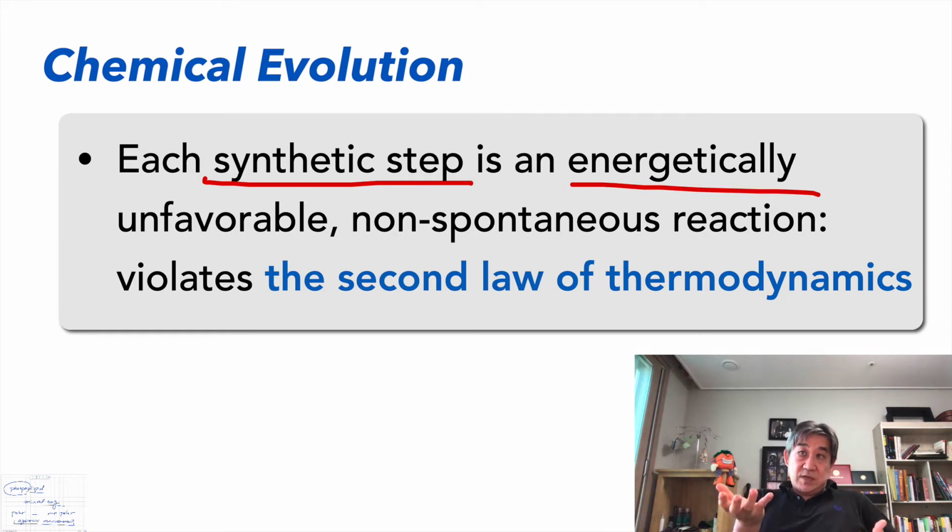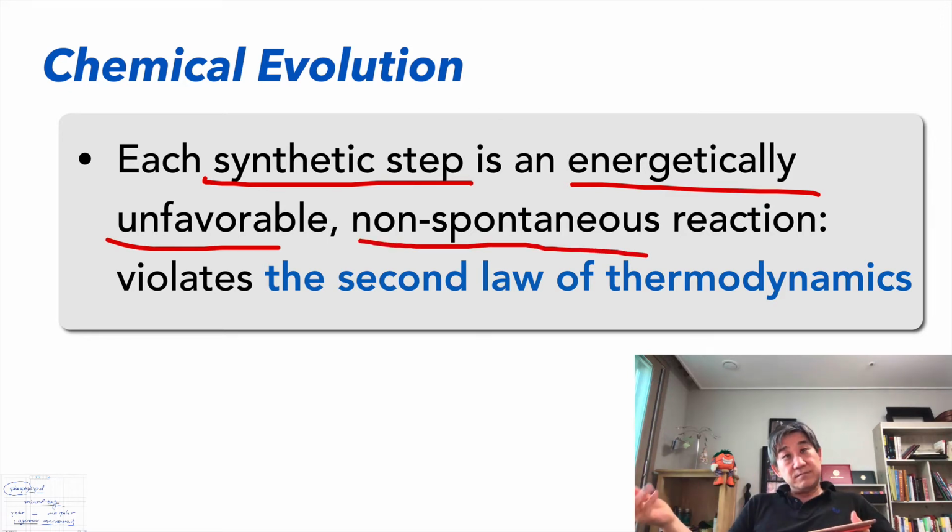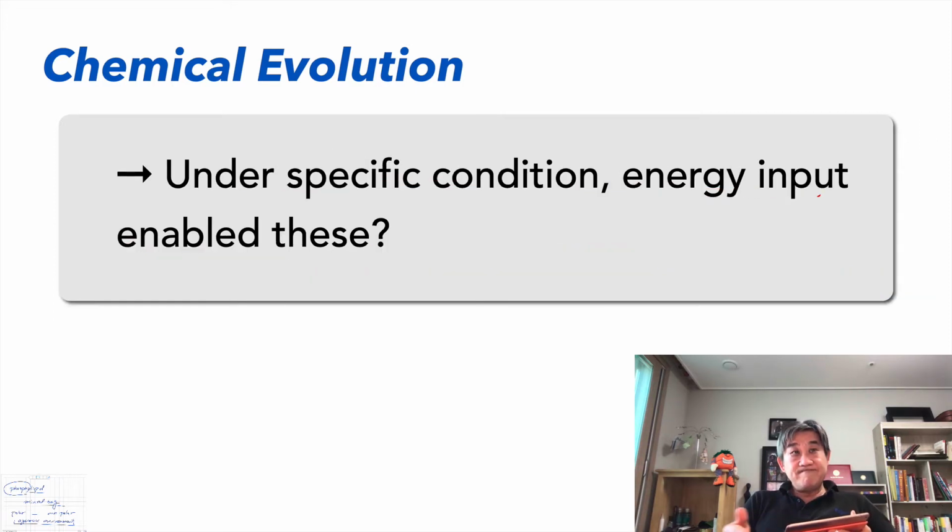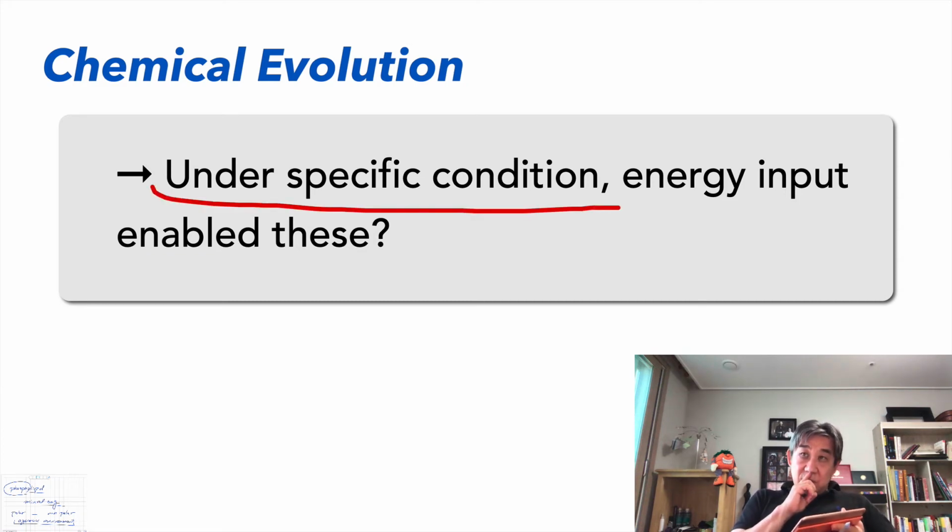So it is viewed as energetically unfavorable, so it must be a non-spontaneous reaction. So doesn't it violate the second law of thermodynamics? However, no, not necessarily. Under specific conditions, as long as under such conditions energy can be provided spontaneously, then it can.